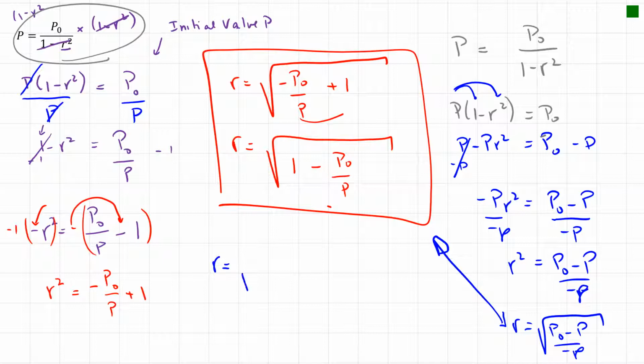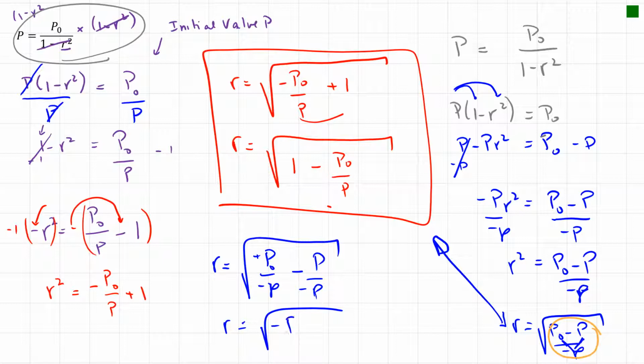If I now take this fraction here and separate it into two individual fractions, in other words, do the division separately, I have P0 over negative P minus P over negative P. So I'm dividing both of these, and that leaves me with negative P0 over P plus 1, which is exactly the same as what I started with here. So just an explanation that there's many ways of tackling the same problem.